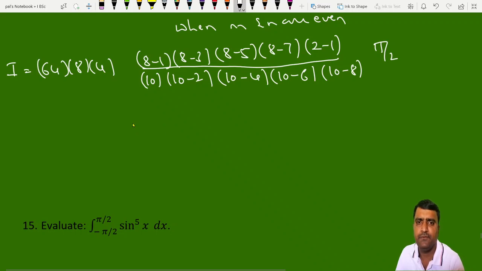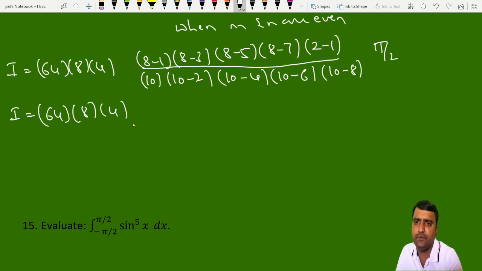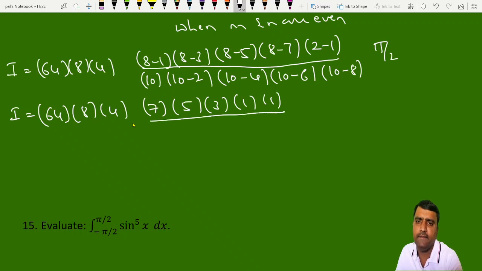Its simplified form is 64 into 8 into 4 into 7 into 5 into 3 into 1 into 1, divided by 10 into 8 into 6 into 4 into 2 into pi by 2.